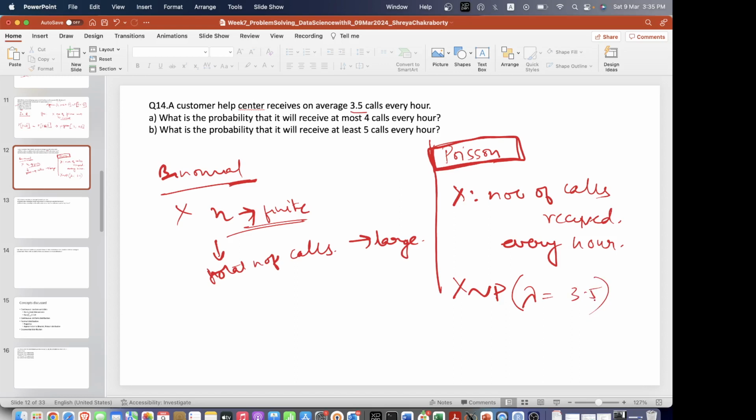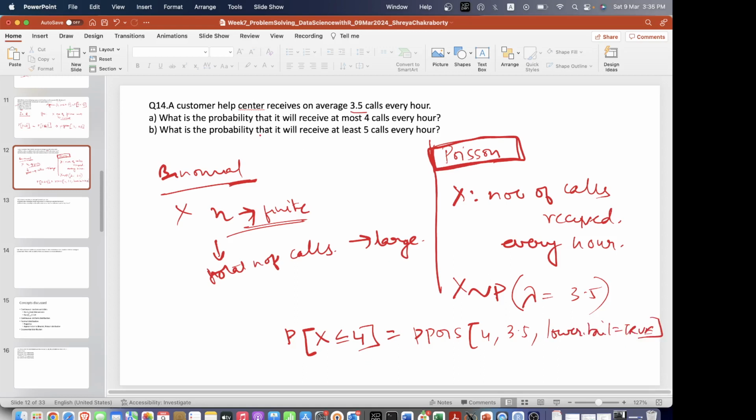Then what is the probability that it receives at most 4 calls every hour? That means X should be less than or equal to 4. It will not receive more than 4 calls. That is at most. So how will we get it? Again we will do ppois(4, 3.5, lower.tail = TRUE).